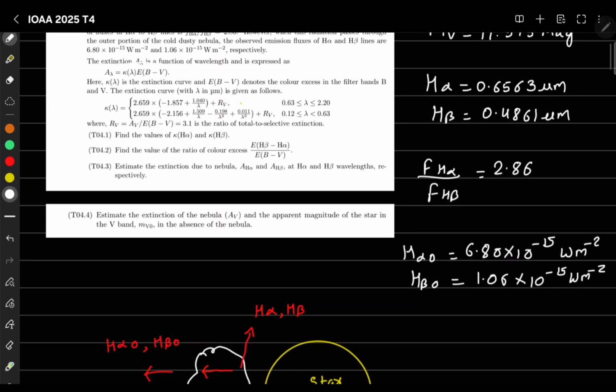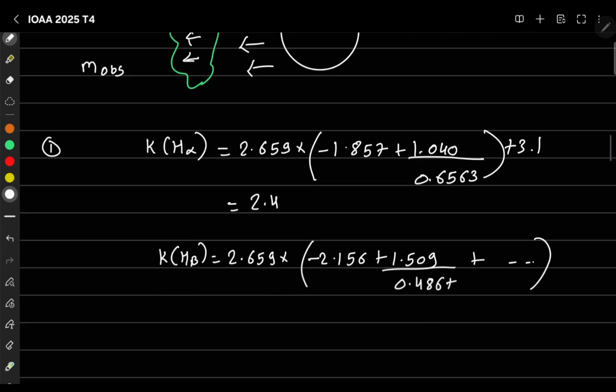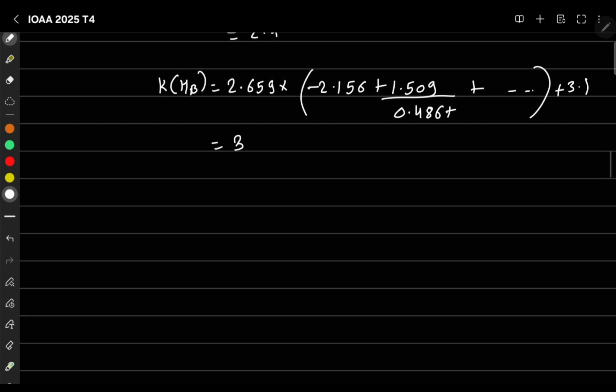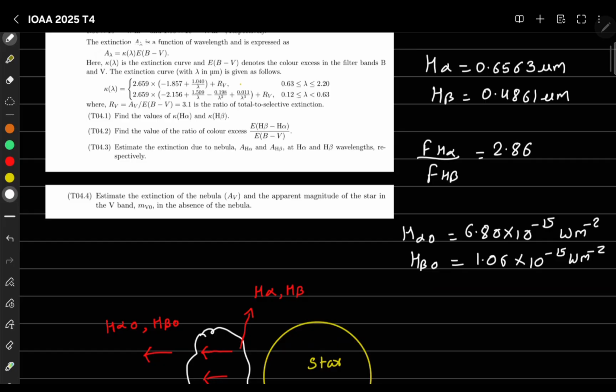It's plus 3.1, and it turns out to be 3.6. Okay, so part A of the problem has been done.